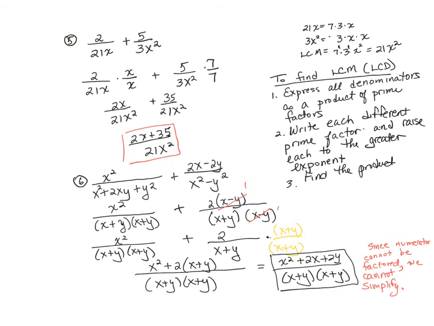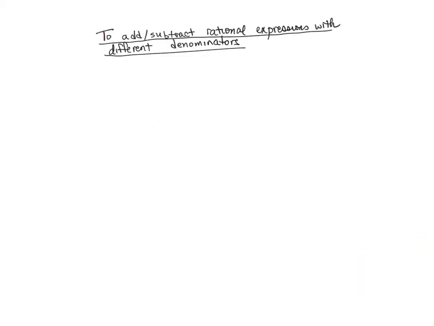Okay. So let's summarize how to add and subtract fractions with different denominators. To add or subtract rational expressions with different denominators, the first thing we have to do is completely factor all denominators. This is a very good first step.